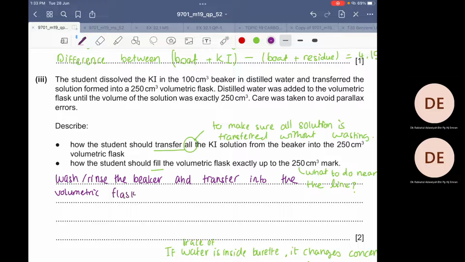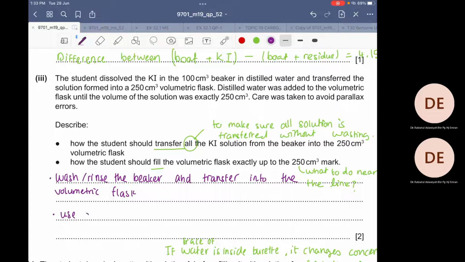And secondly, Danish said use a dropper to add water drop by drop near the mark. Okay, so you don't want to add in water using the beaker, otherwise you will miss the line or the mark. Good?